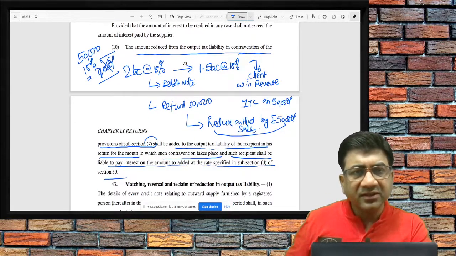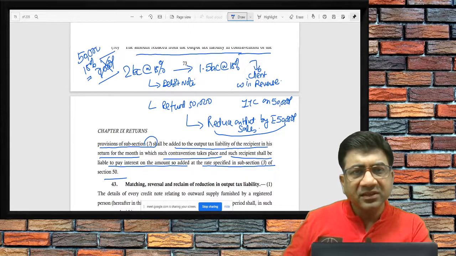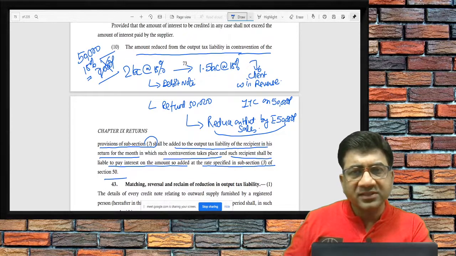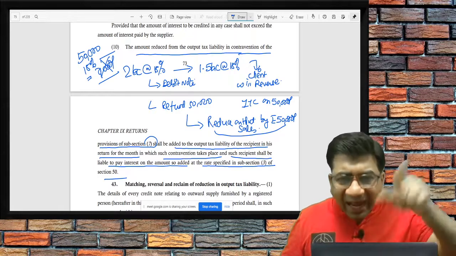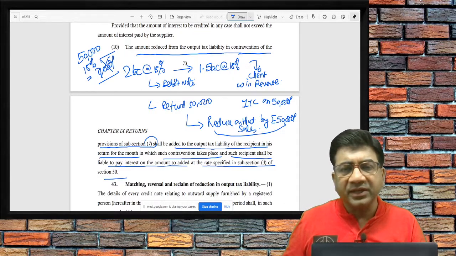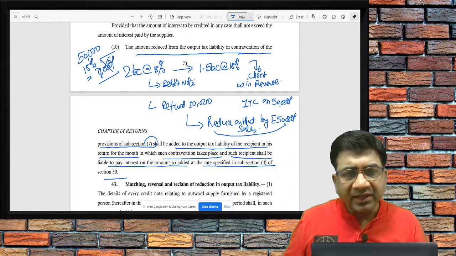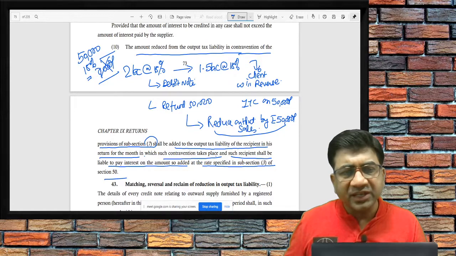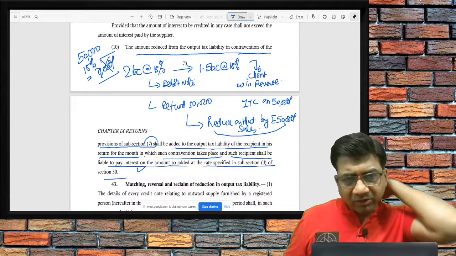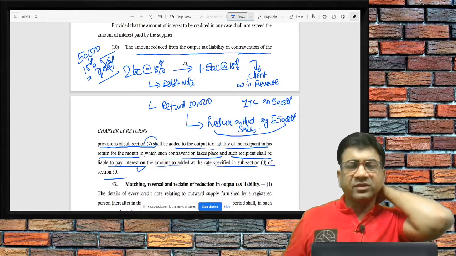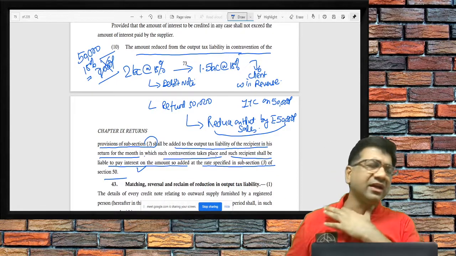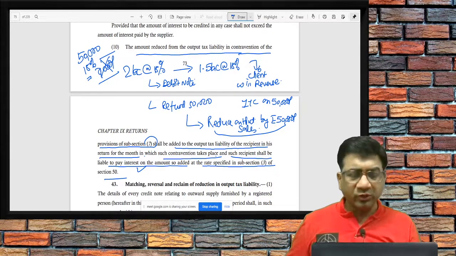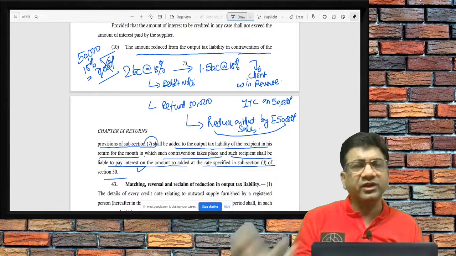Now see what subsection 10 says. The amount reduced from the output tax in contravention of the provision of subsection 7 shall be added to the output tax liability of the recipient in his return for the month in which contravention takes place, and the recipient shall be liable to pay interest on the amount so added at the rate of 50. So if you have reduced your output tax more than allowed, in contravention, then you need to pay interest at the rate of 24%.